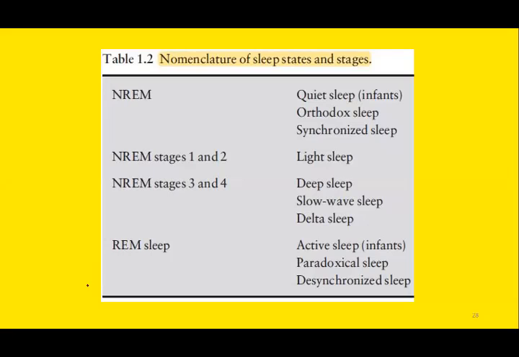Now we will discuss the stages of sleep. So the two major types of sleep are non-REM sleep, number one, and REM sleep, number two. So these are the two primary types of sleep, where non-REM stands for non-rapid eye movement sleep and REM stands for rapid eye movement sleep.